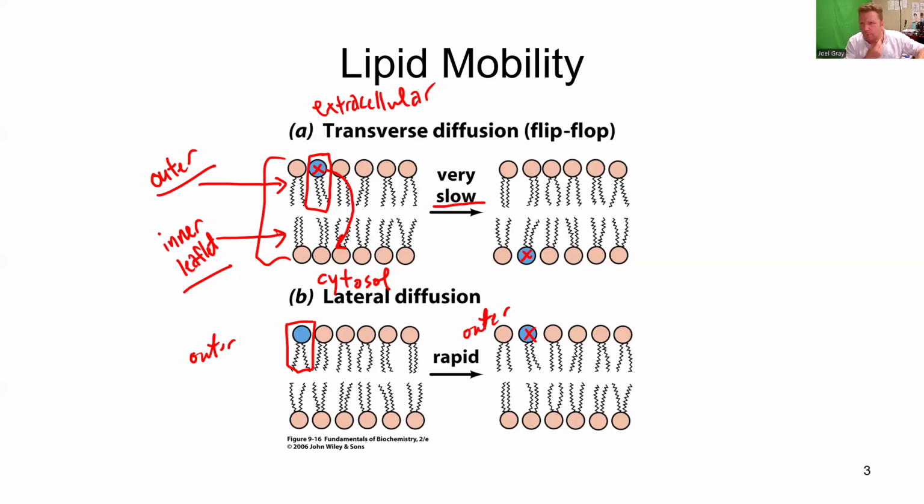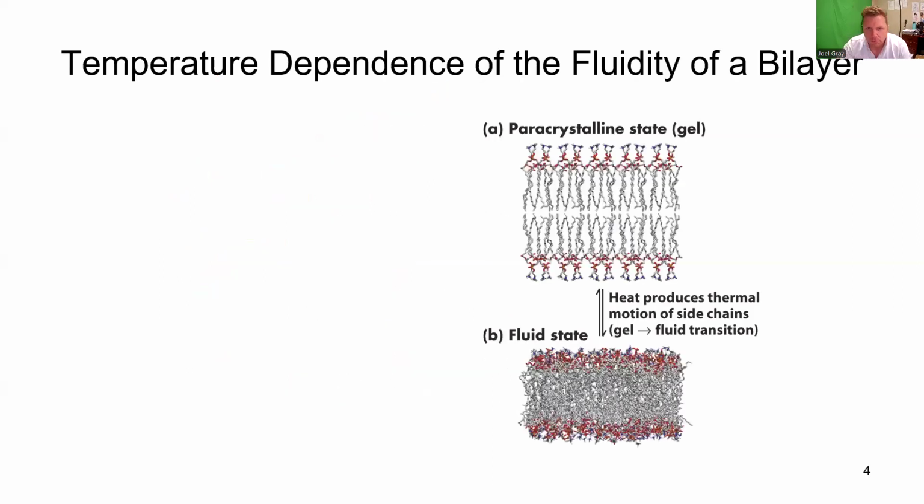You're going to face a little bit of resistance, but you're just one person moving within the crowd. I don't have really a good comparison for transverse diffusion, but with that lateral movement, yeah, you're going to bump into people, but you're going to be able to get where you need to go. We're staying in that outer leaflet there.